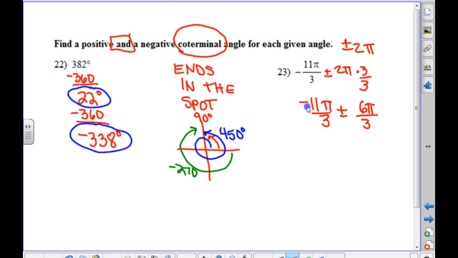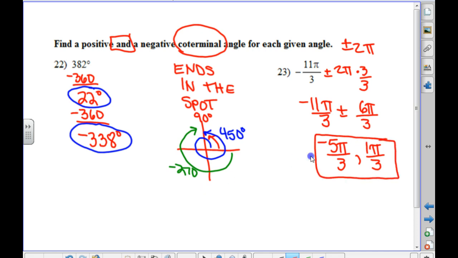What's negative 11 plus 6? So there's another negative answer. If we added another 6 pi over 3 onto that, we'd get 1 pi over 3. You could add another 6 pi over 3 and get 7 pi over 3, etc. You need one negative and one positive.